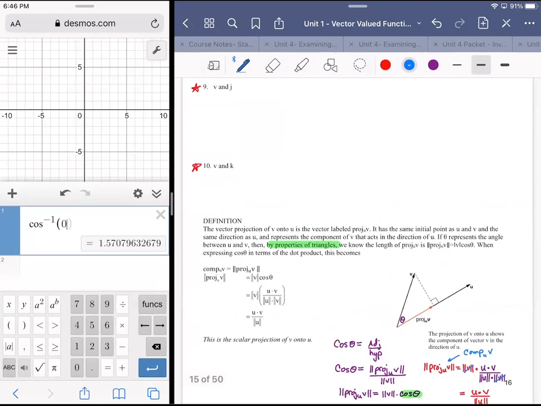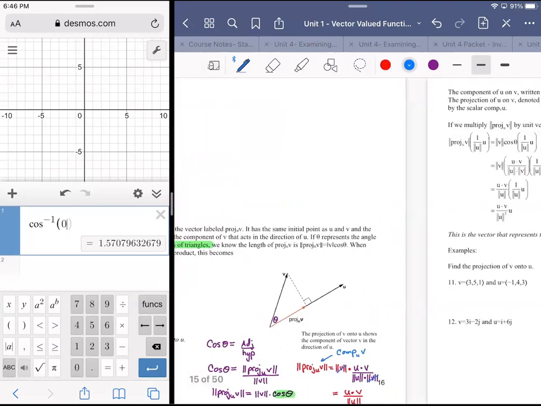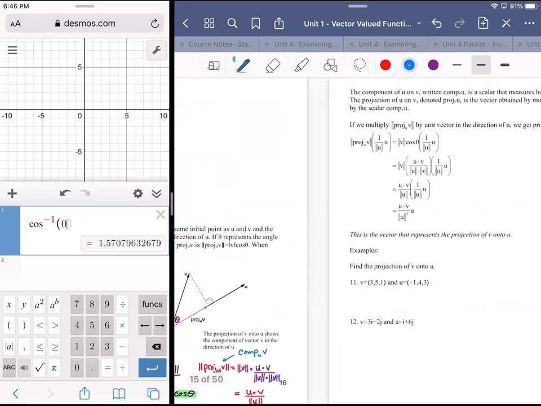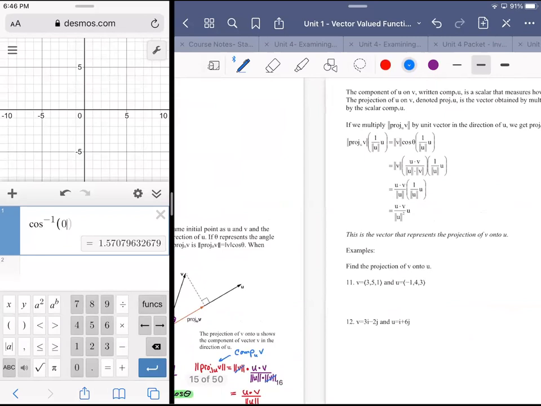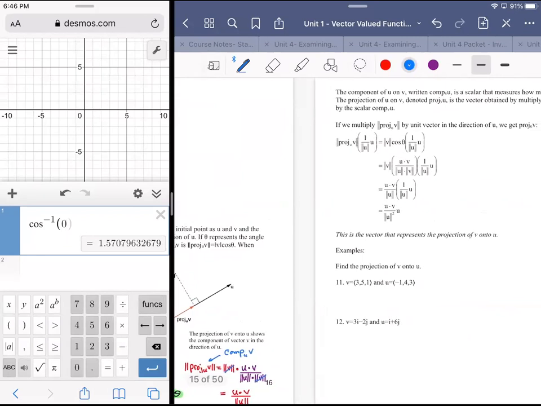All right. So on the next page, I get into the derivation of that, the part where we talk about coming up with the projection of v upon u.